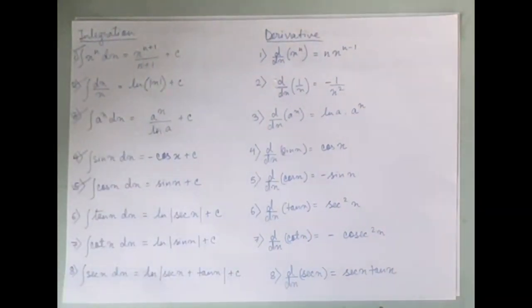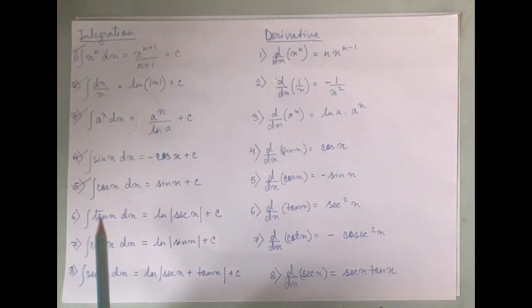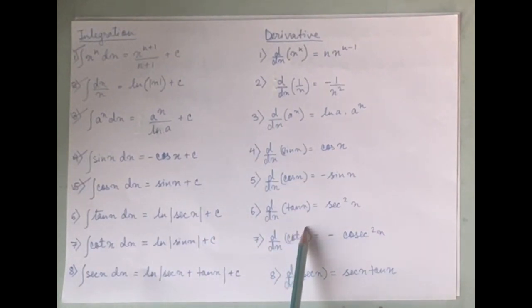These are important for physics. For the rest, tan x, cot x, sec x, you can see that the integration comes in terms of natural log. These are important in mathematics in class 12. I have written this so that you can compare it with the derivative part. Here the derivative of tan x is sec square x, and here the integration of tan x is ln sec x.